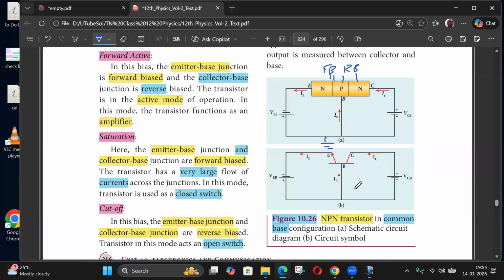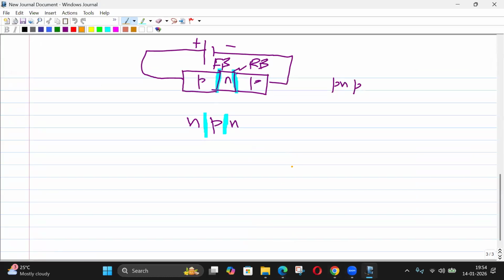Here there are three terminals, emitter, base, and collector. I can give the input between two of them, because voltage has to be given between two terminals.